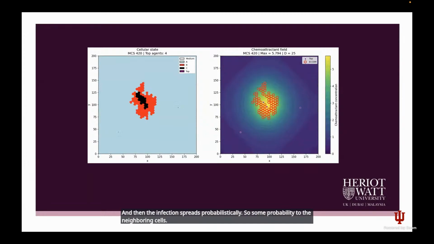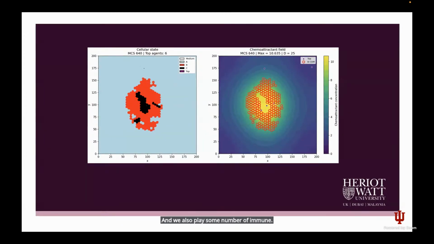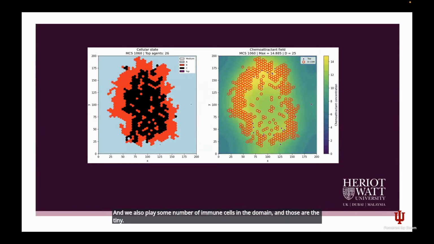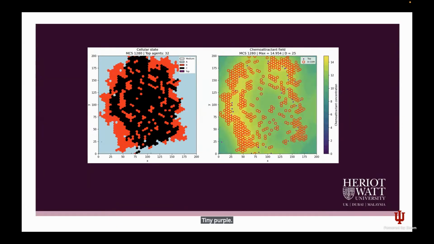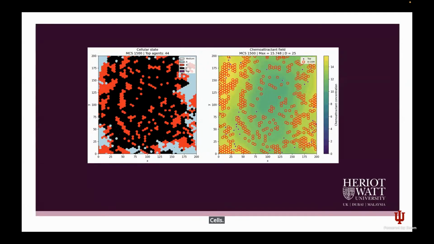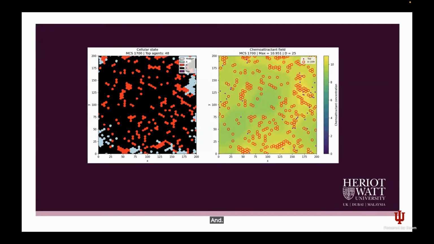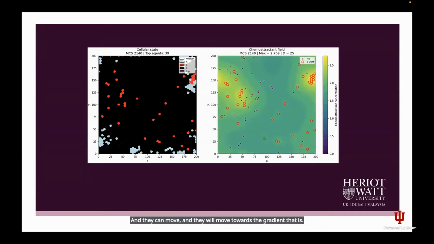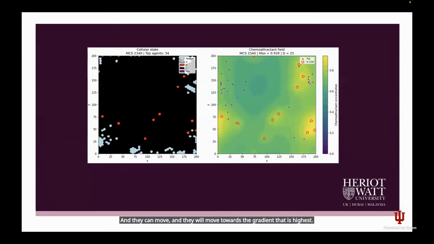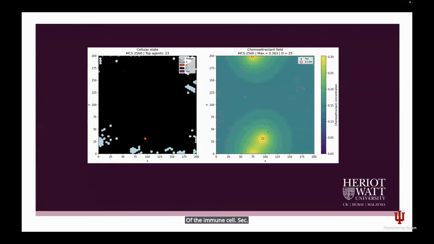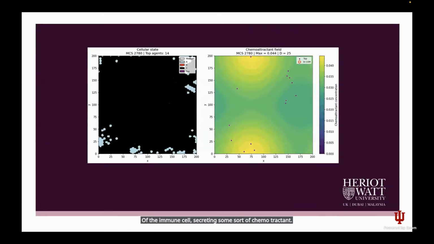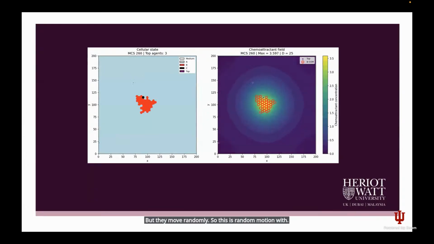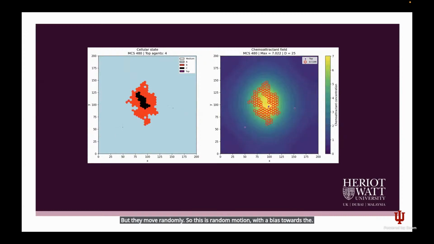We also place some number of immune cells in the domain, the tiny purple cells. They move with random motion, with a bias towards the gradient of highest chemoattractant secreted by the immune cells.